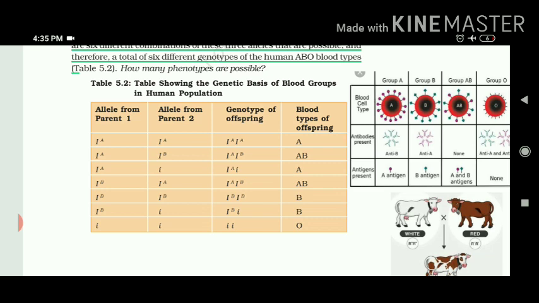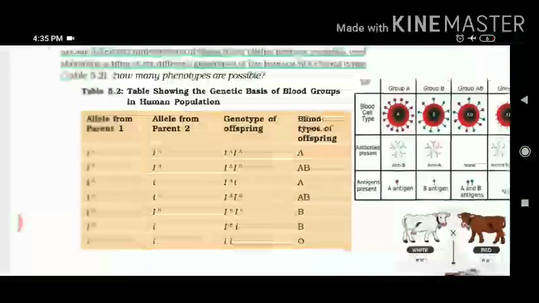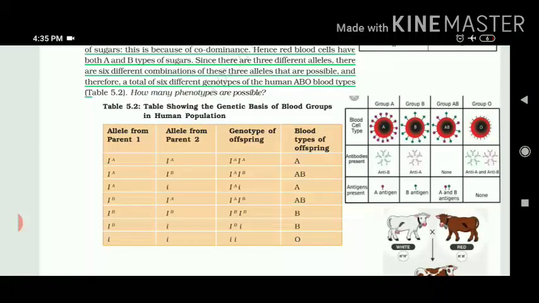I hope it is clear now that blood group O is called the universal donor because it does not contain any antigens.